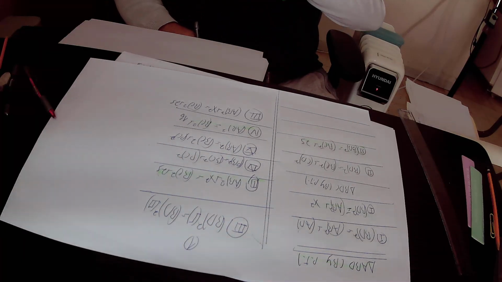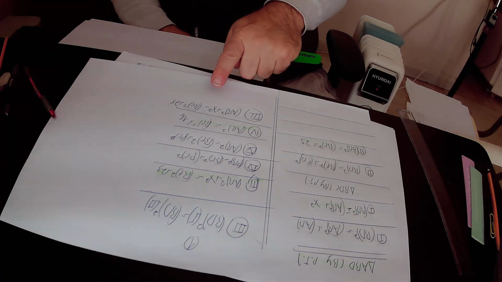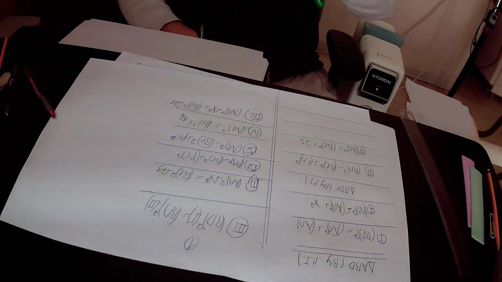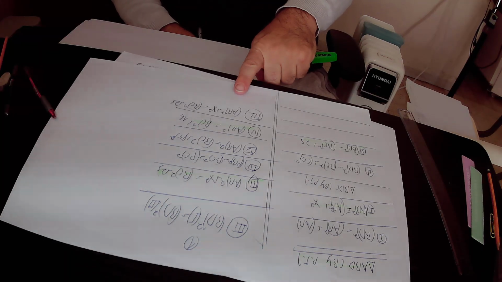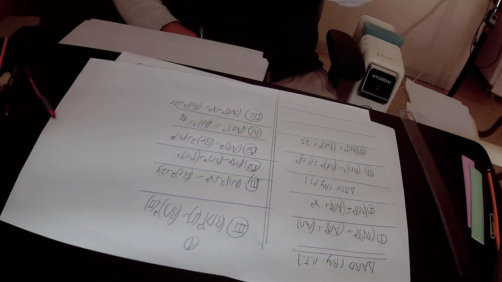Therefore, we can substitute AB squared in equation 3 by BC squared plus 16.